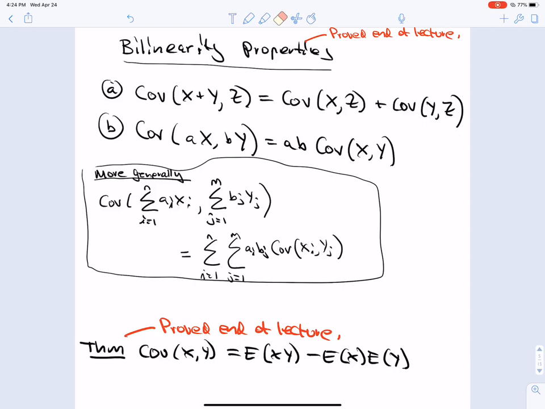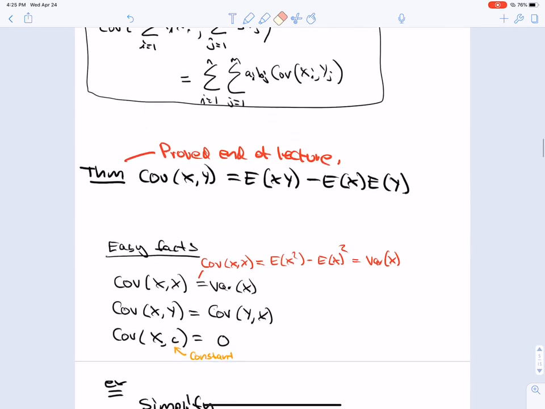And more generally, the covariance of the sum of a_i X_i, sum of b_j Y_j is just this big double sum of a_i b_j and then all the mixed covariance terms. So this is proved at the end of the lecture in the appendix, and it's very straightforward.